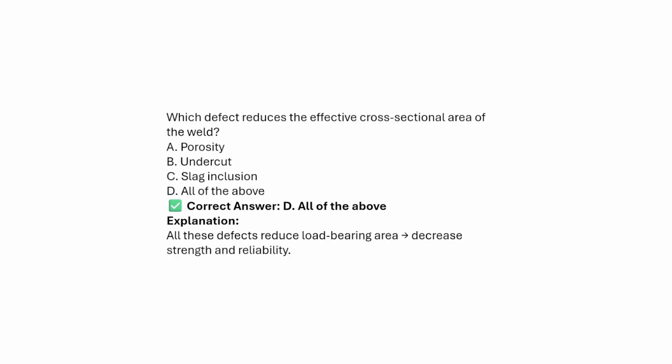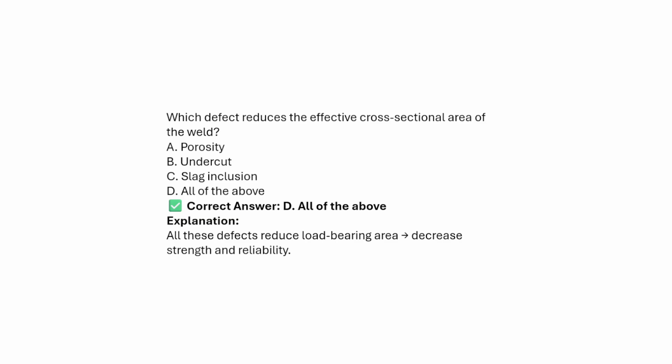Next, which defect reduces the effective cross section area of the weld? Option A porosity, option B undercut, option C slag inclusion, option D all of the above.